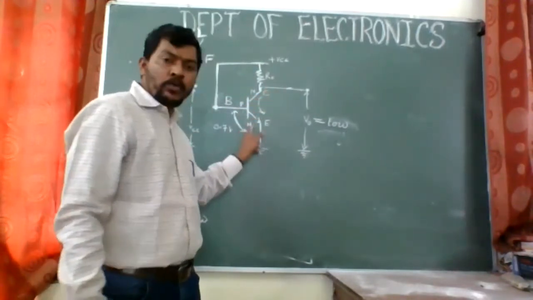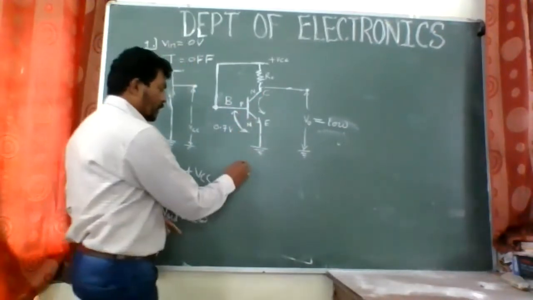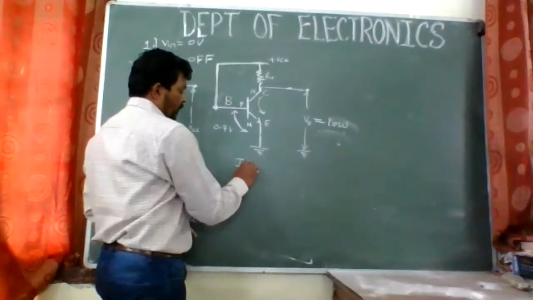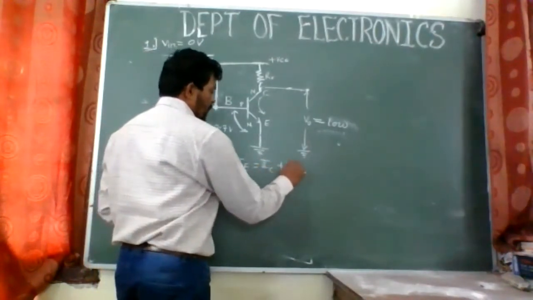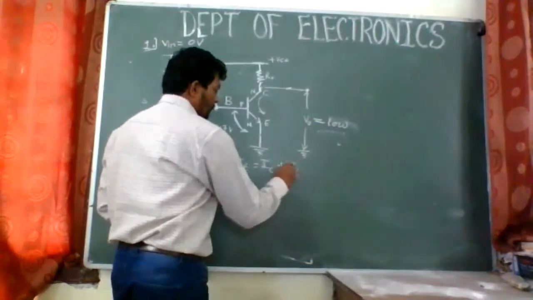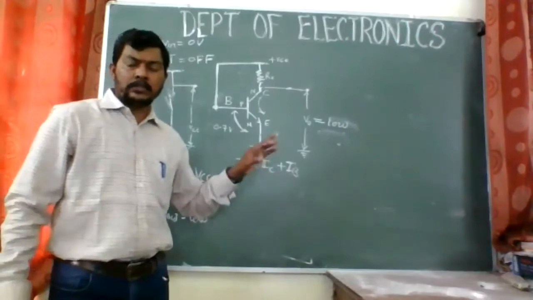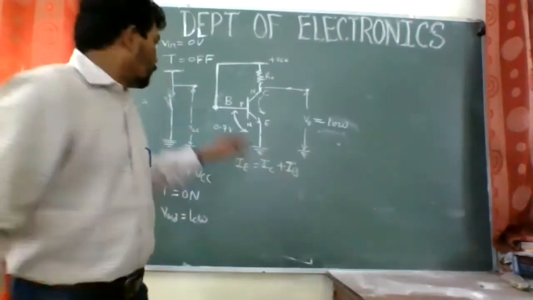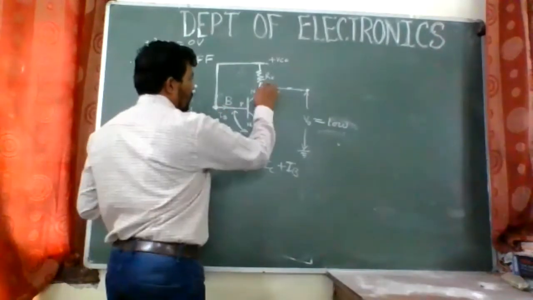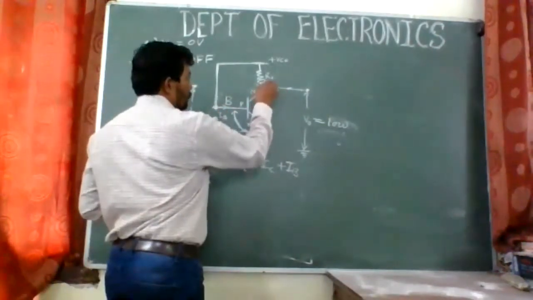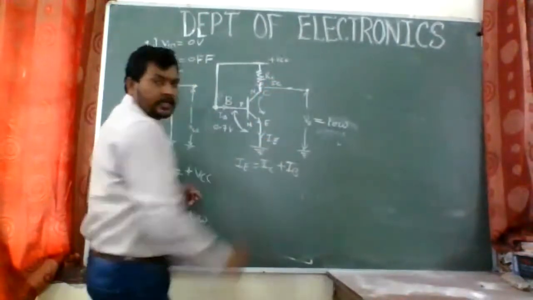A very small amount of current flows through the base of the transistor, and we have the equation IE is equal to IC plus IB, which implies that the emitter current is equal to the collector current plus the base current. This is the base current IB, this is the collector current which we call IC, and this is the total current that we call IE.